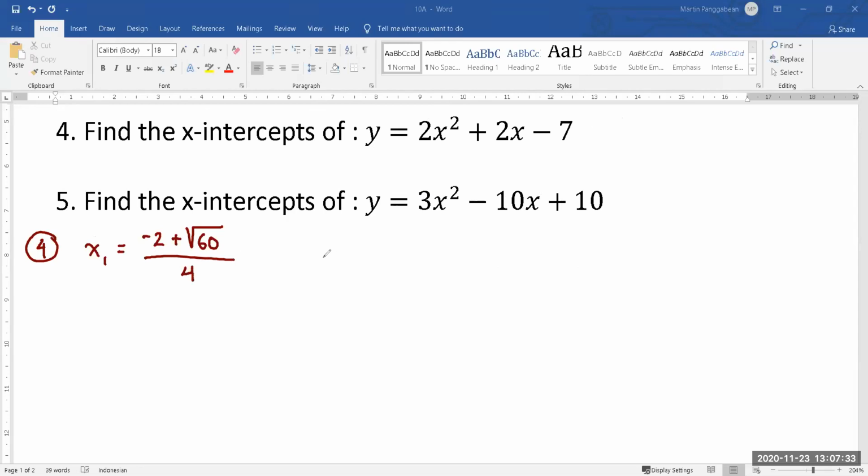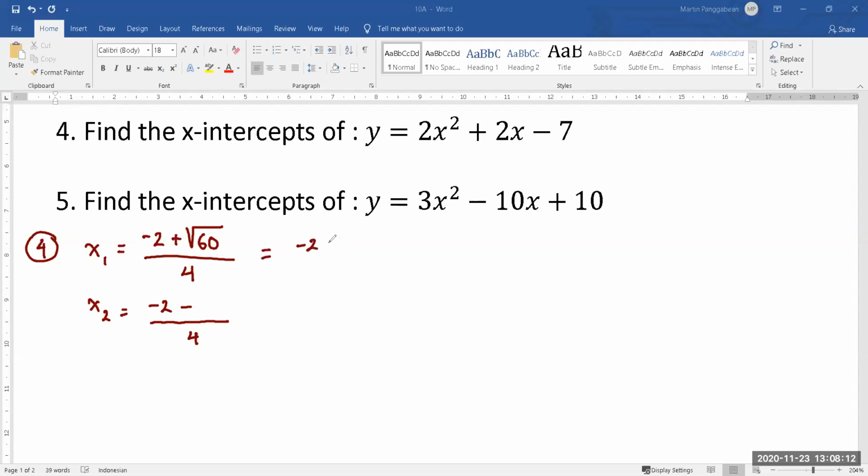Now let me ask you then, Nicholas, how can you simplify square root 60? 2 square root of 15. Okay, good.